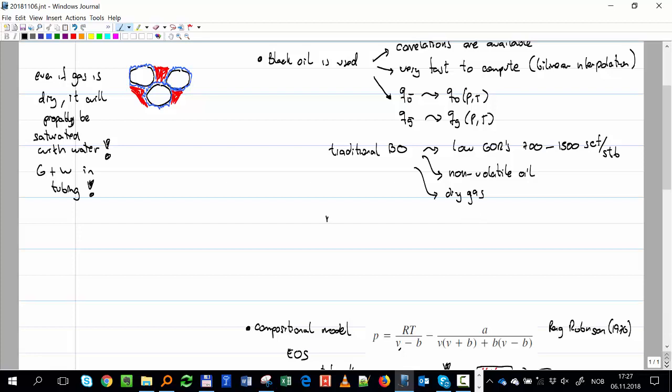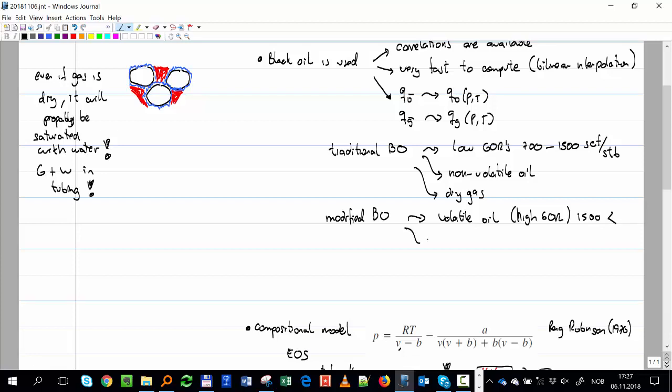While the modified is called the modified BO, which you use for volatile oils. That means high GOR, typically from 1500s and above. Sorry, it should be like this.